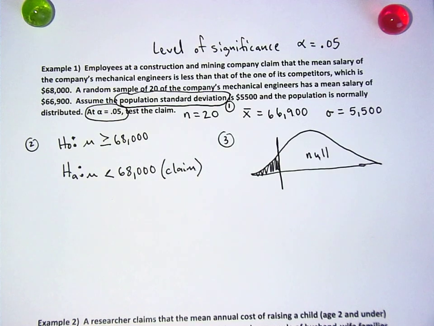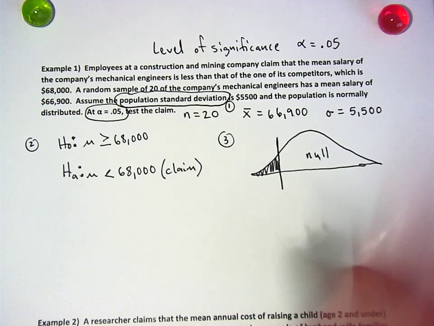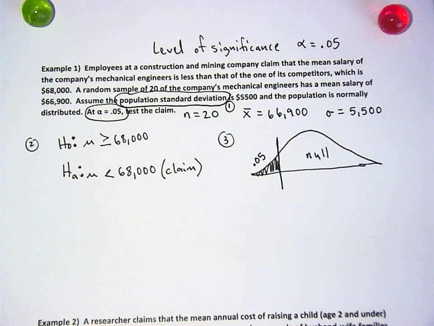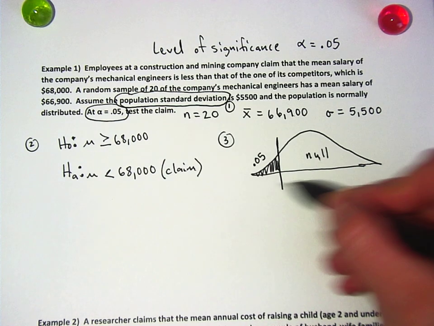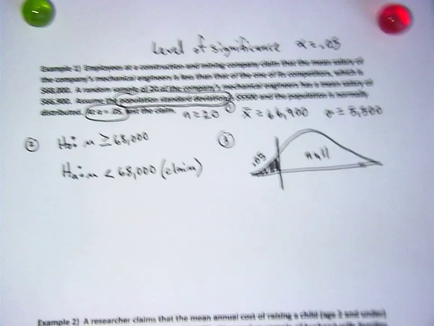So when I say we need to find the rejection region, I mean I need to know what z-score is on the edge of this region here. So if there's 0.05 area over there, how do I find out what this boundary is, what that z-score is that separates 5% from the rest? Let's look at the table. We're looking at the z table.